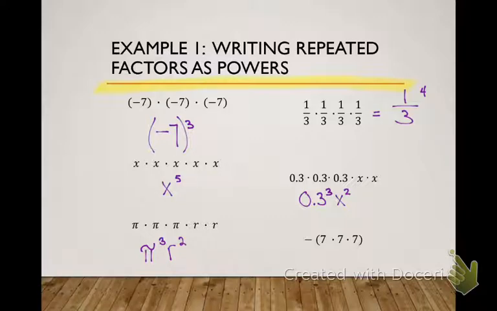What this is saying is that the negative is not connected to the repeated multiplication, meaning it's just -7 to the 3rd power without parentheses. Again, anytime I see no parentheses, I know that the base is repeating, but the negative is not connected to the base. All right, so that's kind of how it looks in reverse. All right, and we're going to look at this more again in the next example and how we would evaluate.